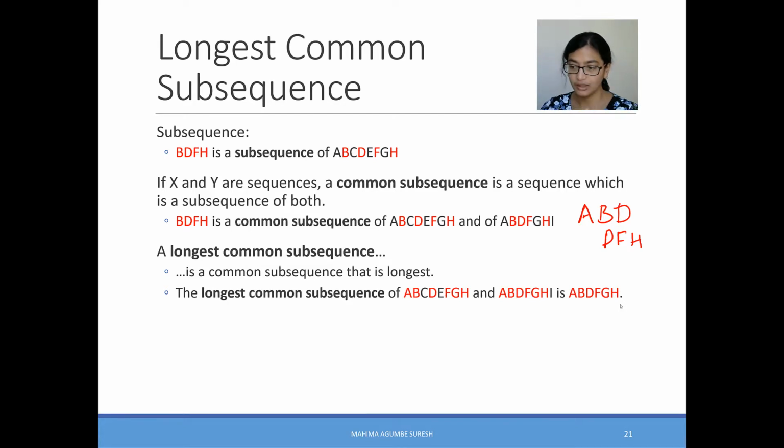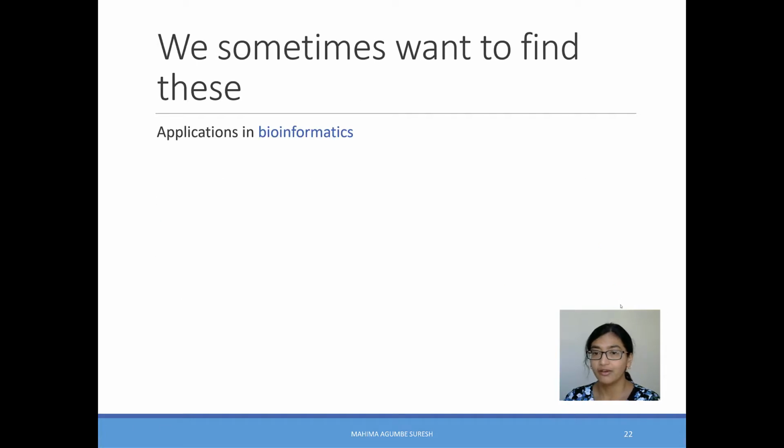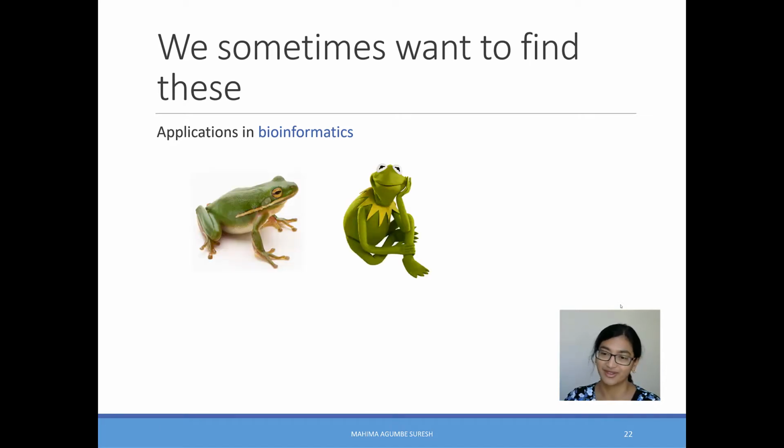Okay, why is this an important problem? We want to do this because it's applicable in a lot of domains. For example, the Kermit the Frog and a normal frog example. It's a hypothetical example, but there are a lot of such problems that are actually relevant and being done right now in bioinformatics.